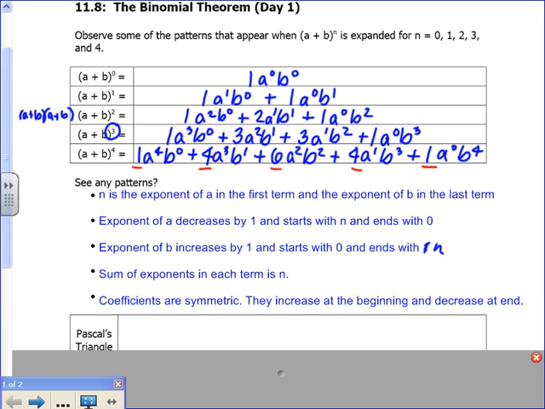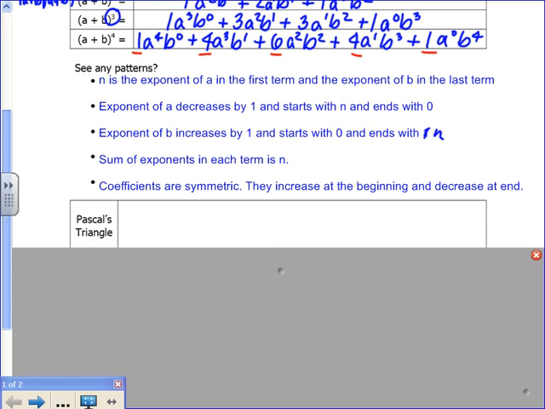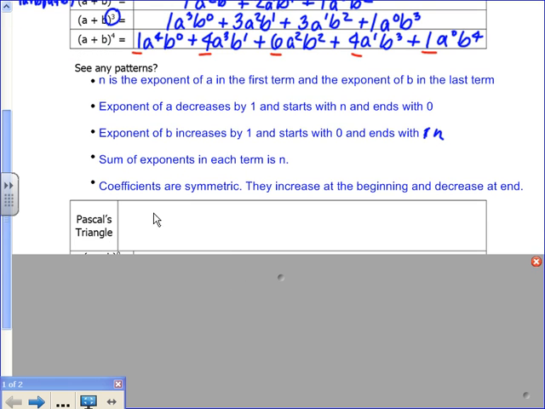Now the next part, we're actually going to talk about those coefficients, and they actually stand for something. They are a part of Pascal's triangle.